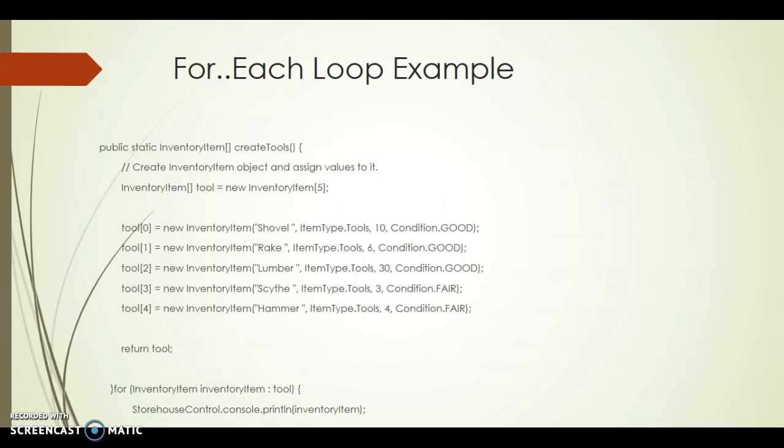This is followed by a colon and a variable that references the array that you want to iterate through. As you can see here, I have my inventory item array, and my tool is what I'm calling it. And then I have created the new object, and I have 5 inventory items.